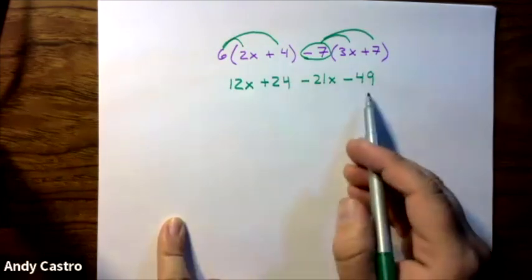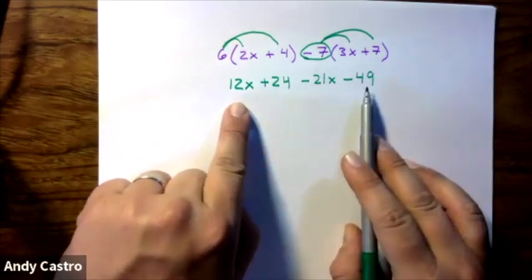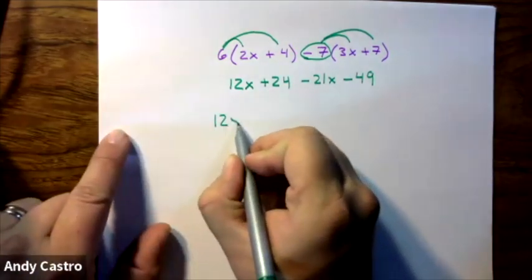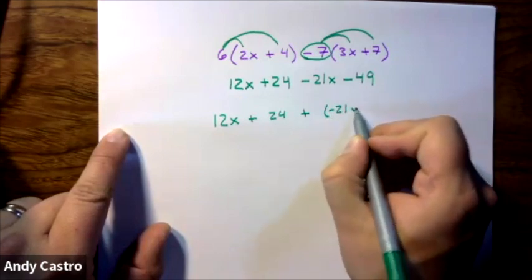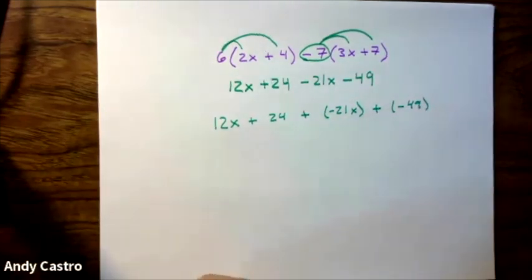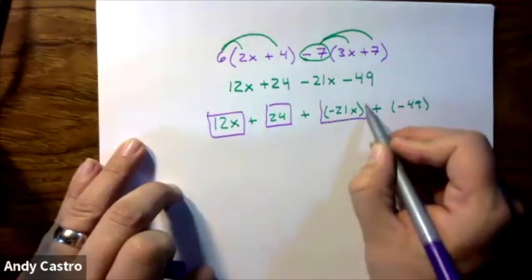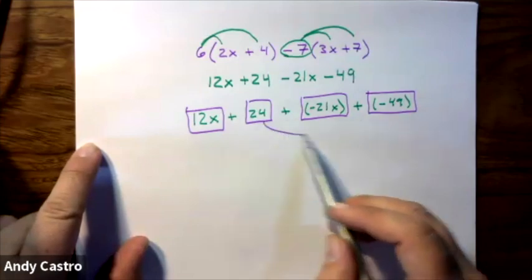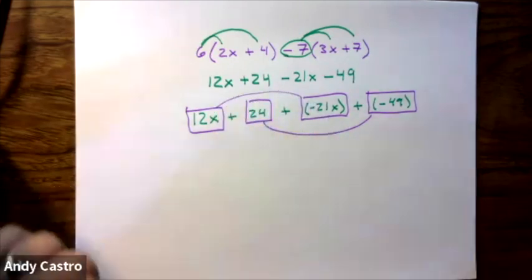All right, so now I've got individual terms. So I'm gonna change everything to addition because I think it's a little bit easier to look at things that way. So 12x plus 24 plus negative 21x plus negative 49. Okay, I changed everything to addition. So now I have terms that I can look at to see if I can combine. Okay, and so I know that I can combine my 24 and my negative 49. And I know I can combine my 12x and my negative 21x.